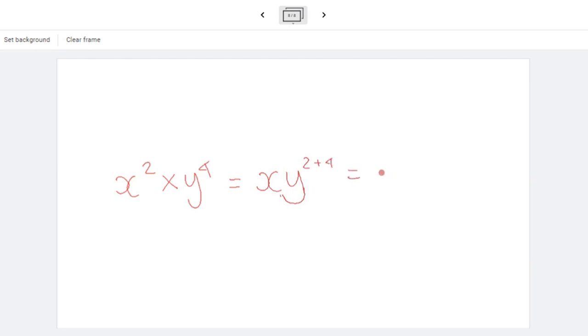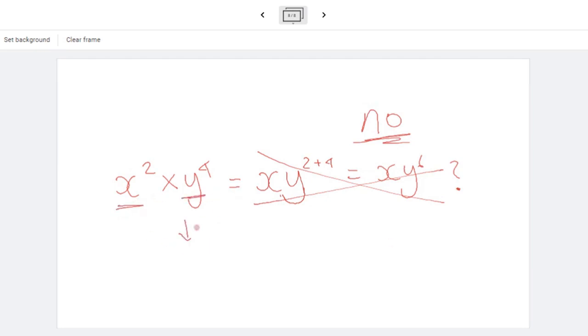Does that give you xy to the 6? Is that what we're supposed to do? Nope. Nuh-uh. No. That's not what you're supposed to do, okay? If your bases aren't the same, what you want to do is leave them as they are. Simple. If your bases aren't the same, leave it as it is. No need to do all this stuff here. Just leave it as it is.